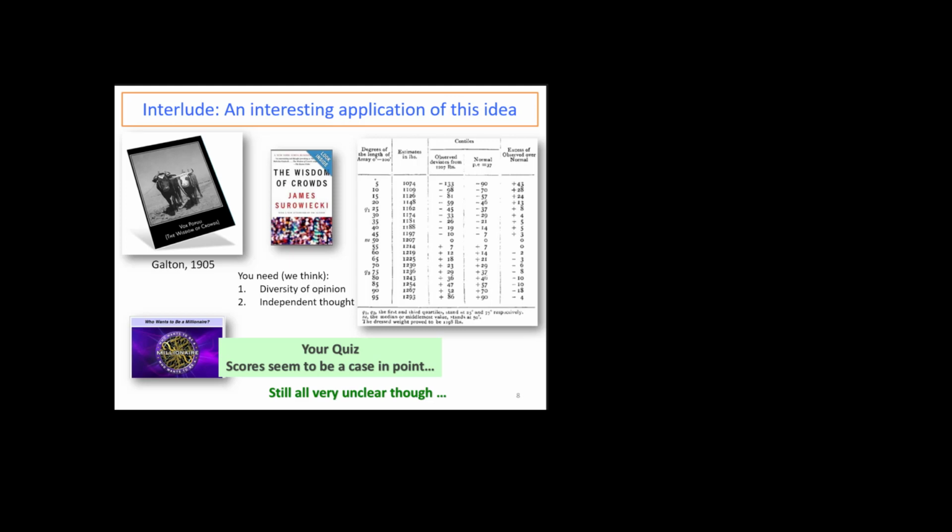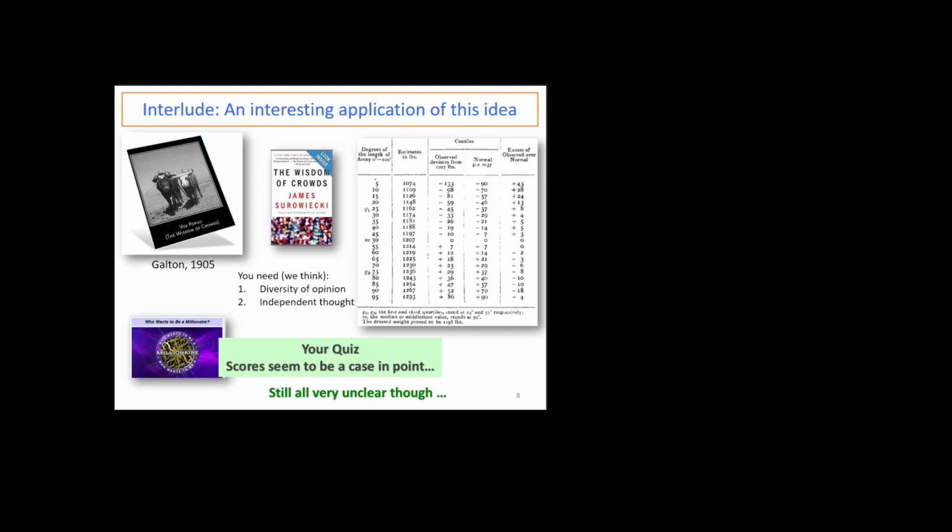This idea is based on an observation of the scholar Galton, who went to a country fair where there was a competition, and the visitors were asked to estimate the weight of an ox. 800 people participated, and if you look at the individual estimates, they were pretty off. They were not so good. But when taking the average of those 800 people, it was really, really close to the actual weight.